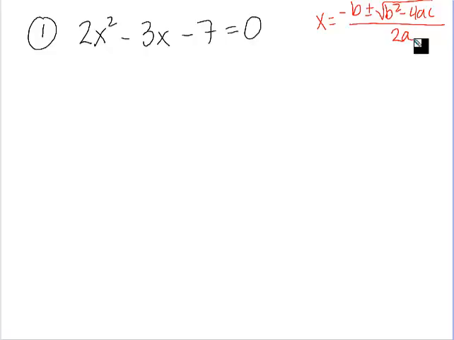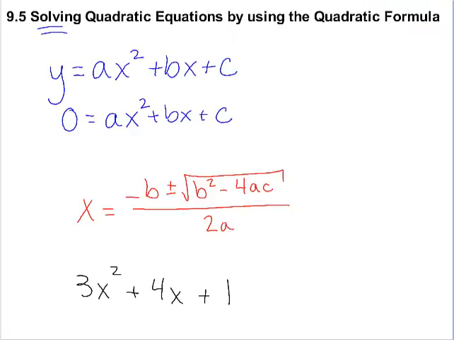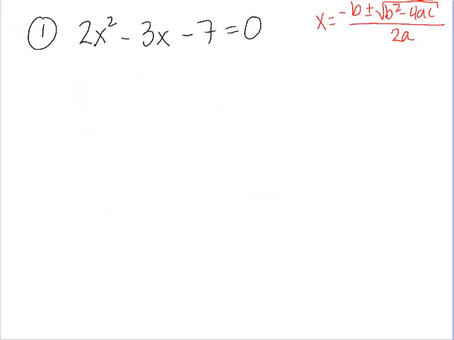When you do the 4ac, would that be like 4 times 3 times... No, it'd be 4 times 3 times, yes, they're multiplied together. Wouldn't b be like negative 3 and c be negative...? Yes, very good.